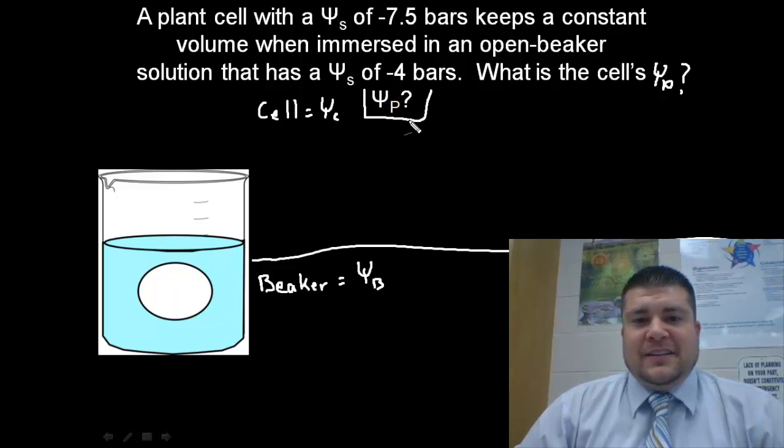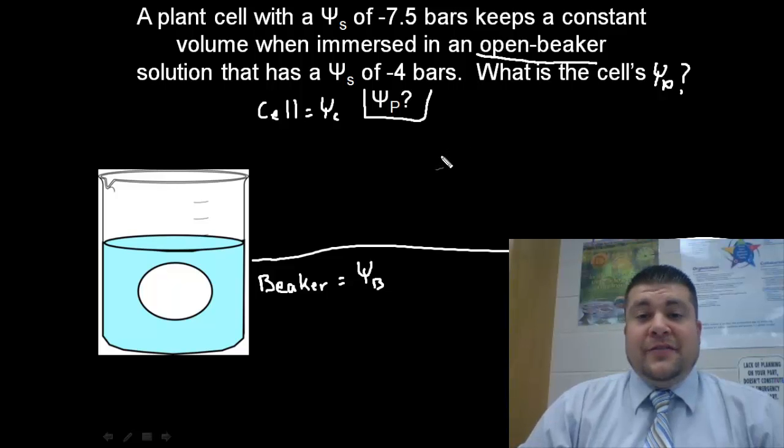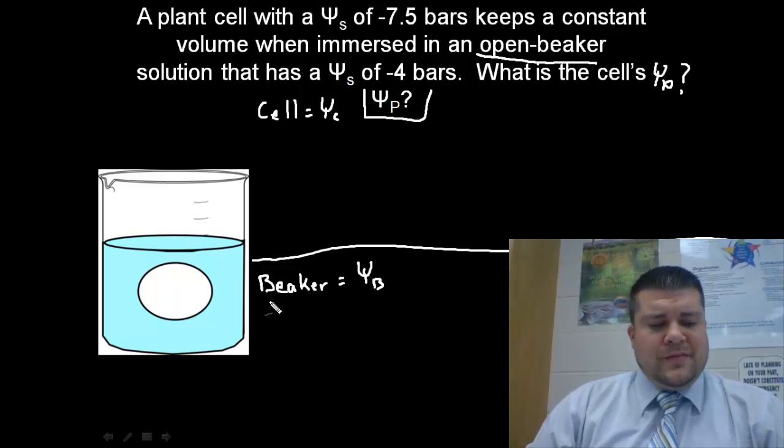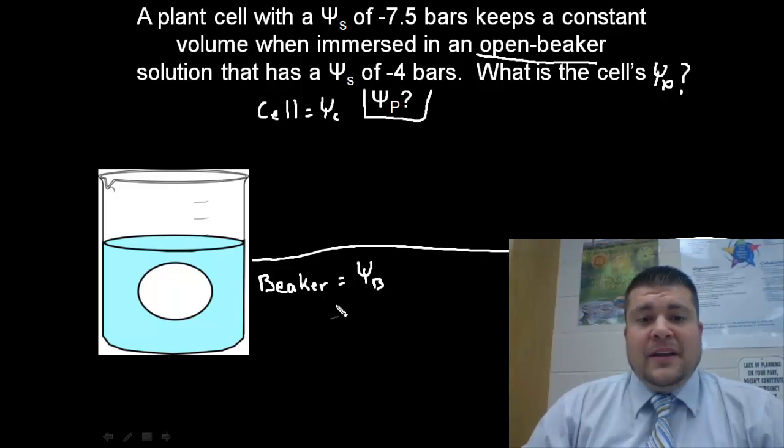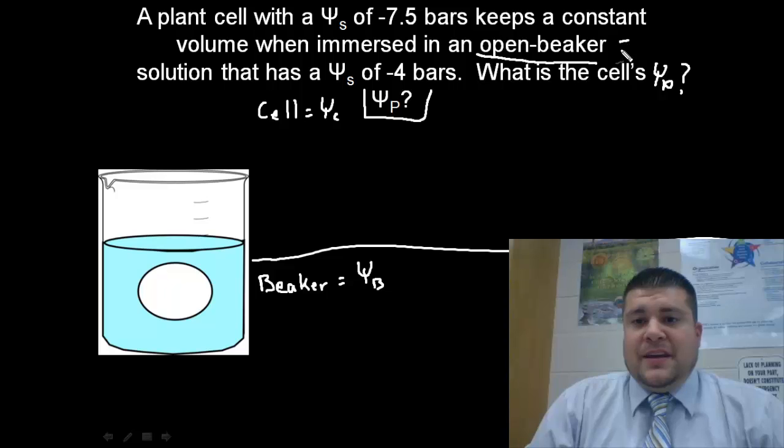So to do this, what I like to do is usually start with something that's easier. The reason I know the beaker is going to be the easiest one is because it's kept in an open beaker. And if you remember from our third or fourth problem, the open beaker means that the psi P is going to be equal to 0.